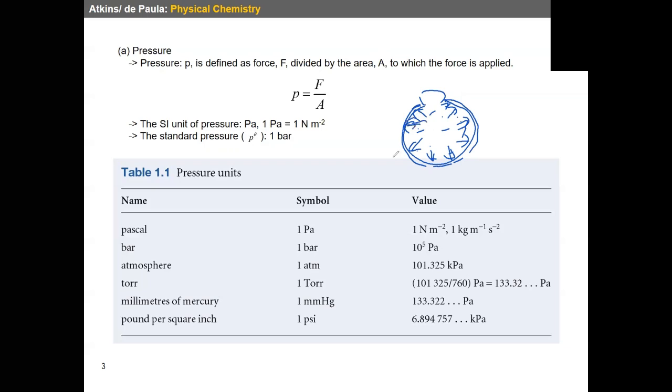But the actual physical meaning of this Pascal is actually force.